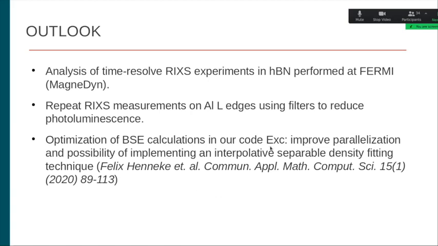So now I will be working on improving this implementation by improving the parallelization, and seeing if it's possible to implement a scheme that has already been done in exciting, which consists in interpolating the density and the Hamiltonian.